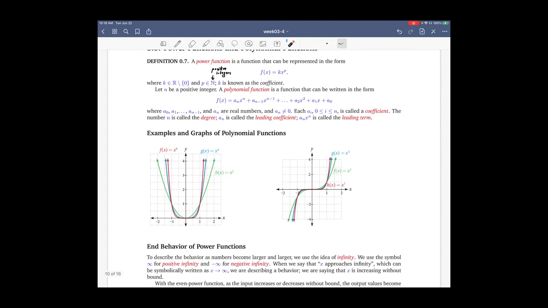Let us give a variety of graphs of power functions. For the function x to the power p, where p is an even integer, 2, 4, 6, 8, all of these functions have a similar look. They all are kind of parabolic shaped.